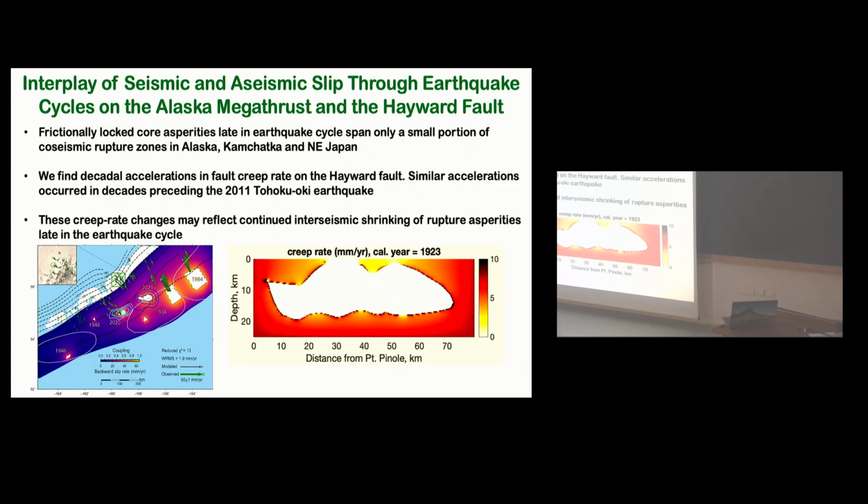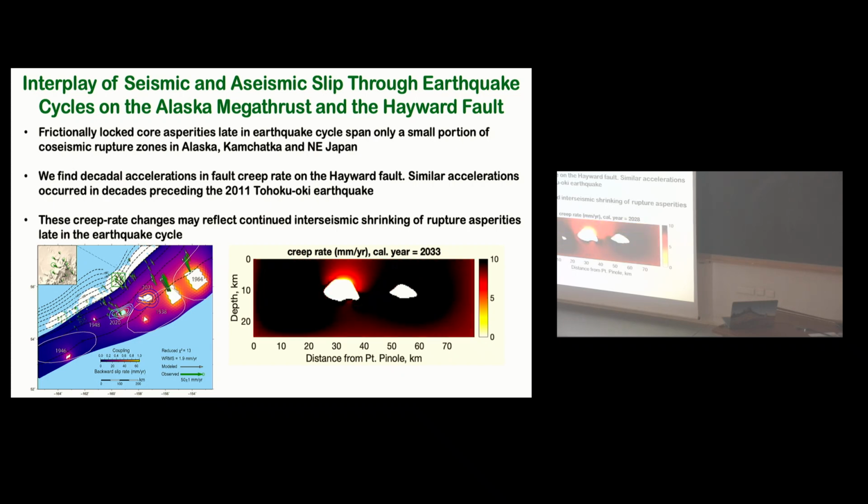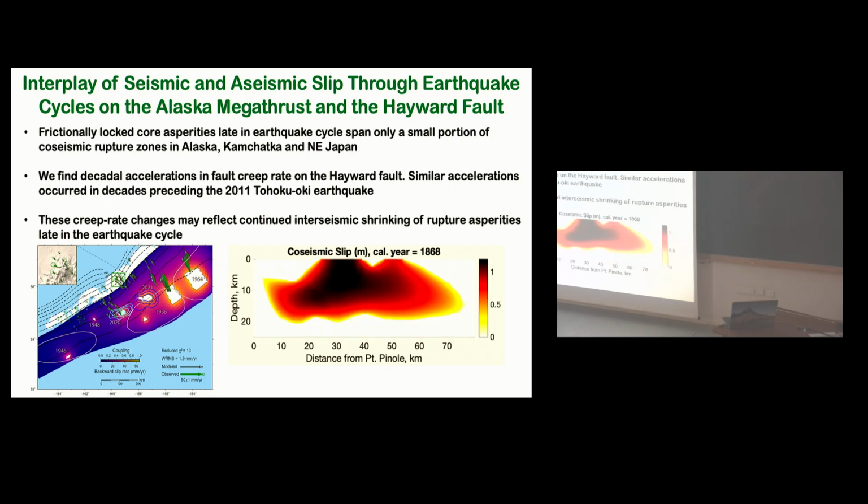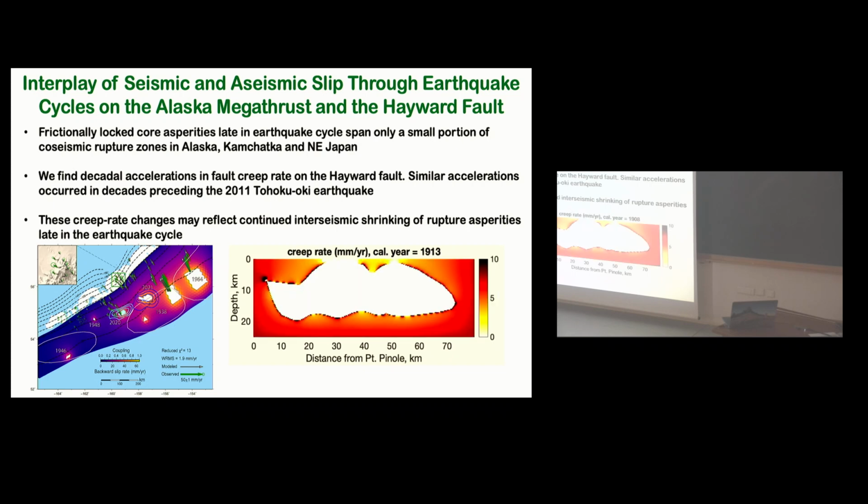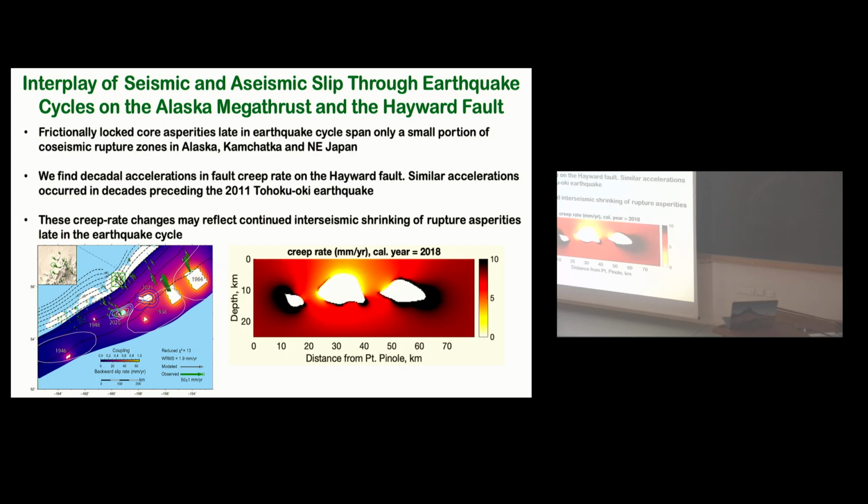I made the case for frictionally locked co-asperities, if that's the right way of thinking about what coupling variations on a plate boundary fault are due to. Late in the earthquake cycle, the asperities that we observe in a number of subduction zones, Alaska, Kamchatka, northeastern China, seem to be systematically smaller than the extent of those ruptures as they had been modeled previously.